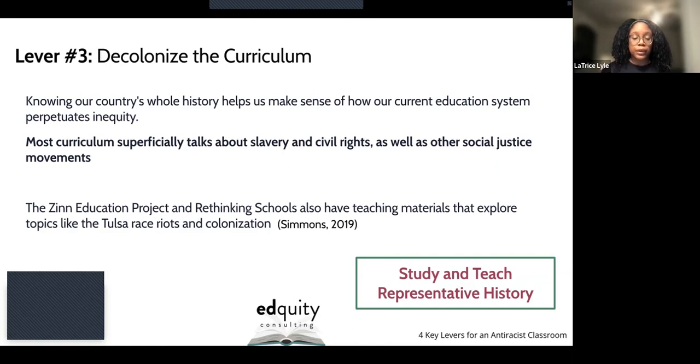So that's lever 3. First, study it, learn it for yourself, right? Don't depend on someone or one person, or even what you learned in school, to be representative of the nuanced history of our country and of the world.